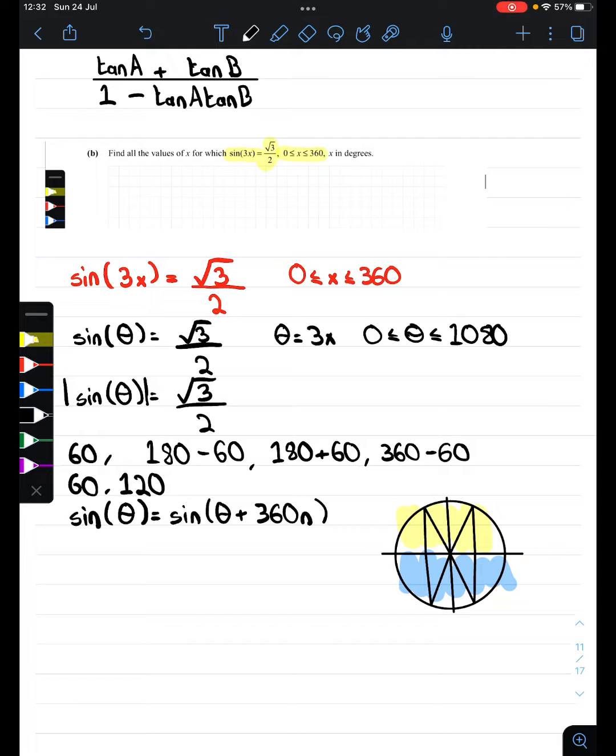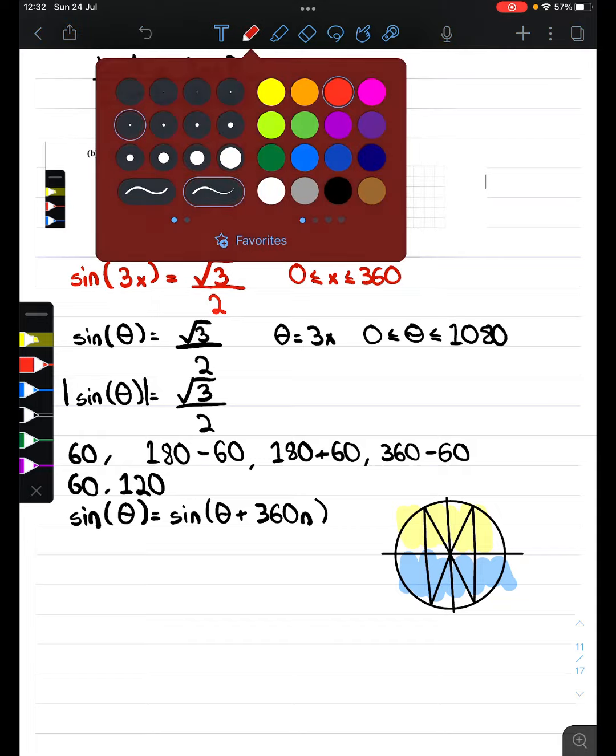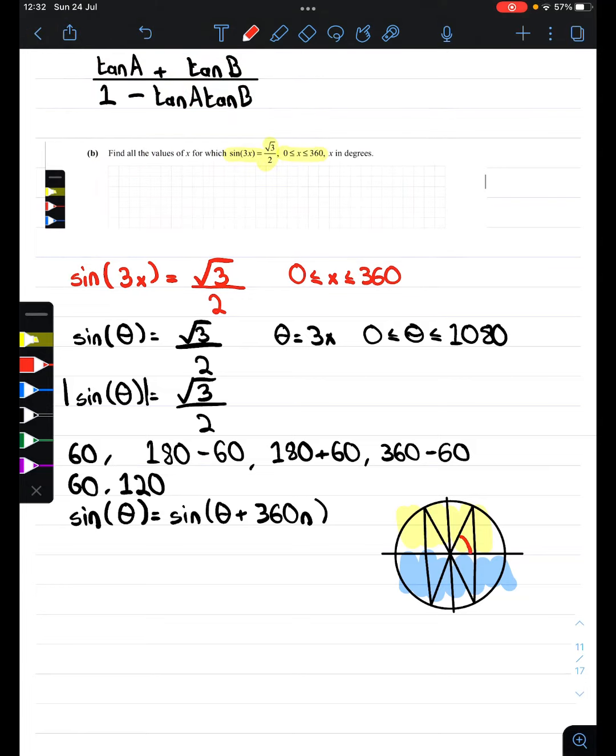If we're at 60, and we go around another 360 degrees, then we end up back here. So sine of 60 plus 360 is also a solution.